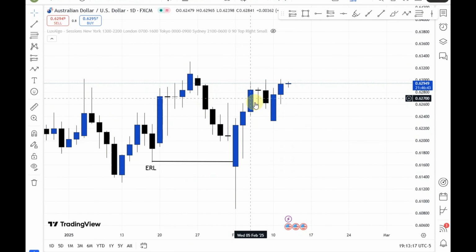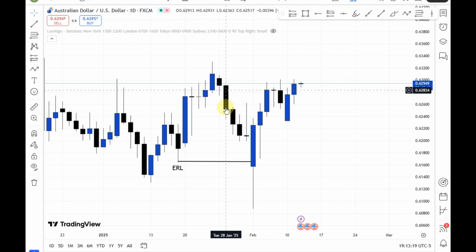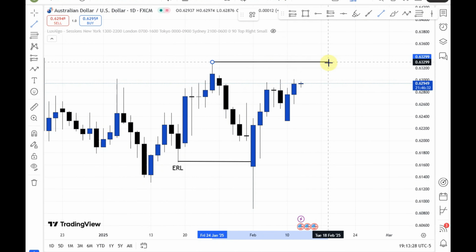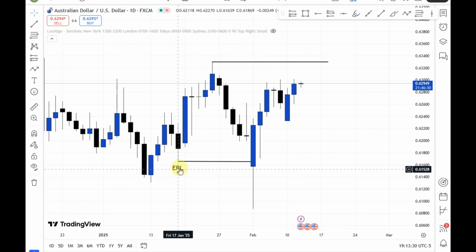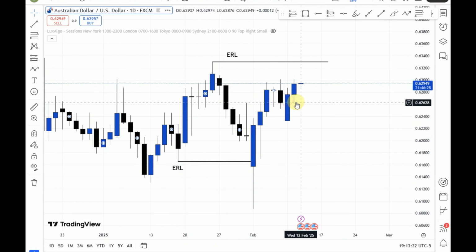I have to drop into the smaller time frames like 1 hour in order to look for the internal range liquidity. There is also this high from just around here. This is also another external range liquidity.